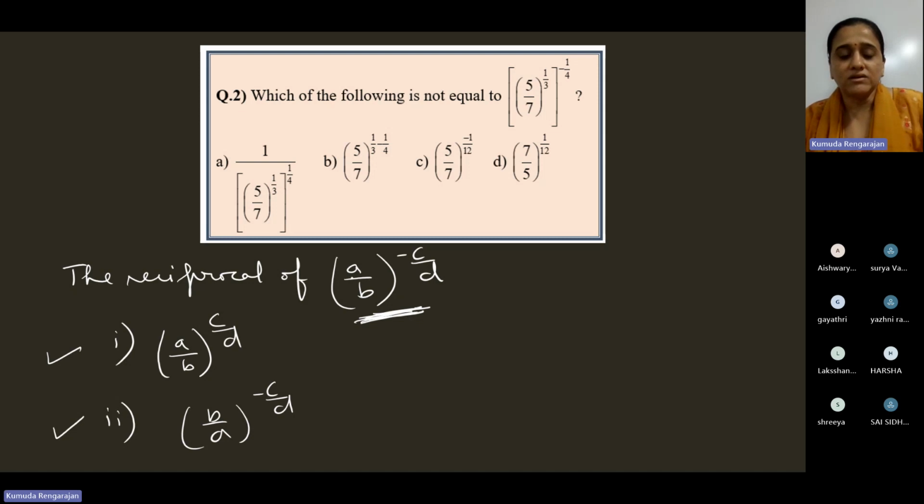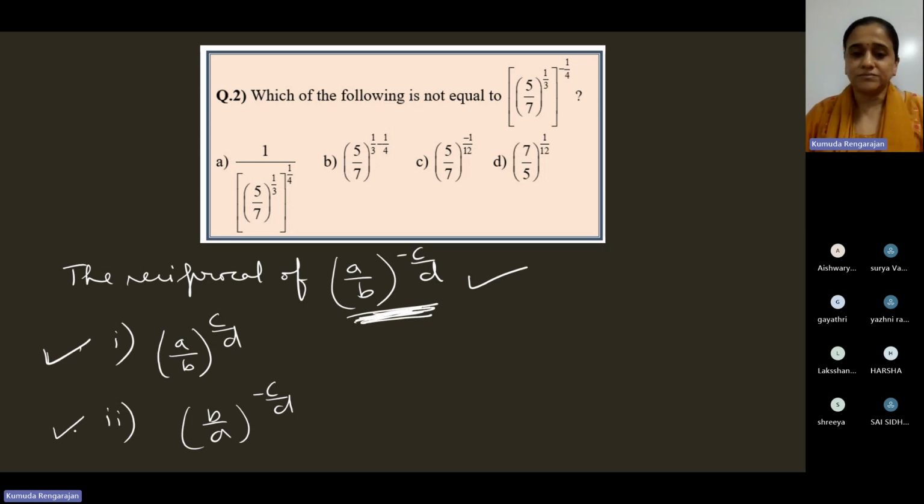Why? So see here, this is the given expression. In the first case, we have written the base A by B as it is. We don't make any change to the base, but the power minus C by D is written as plus C by D. So you've written the negative of the power, but the base as it is. That means this is the reciprocal of this expression.